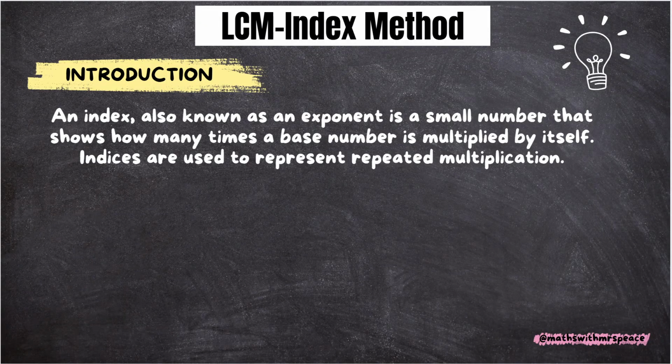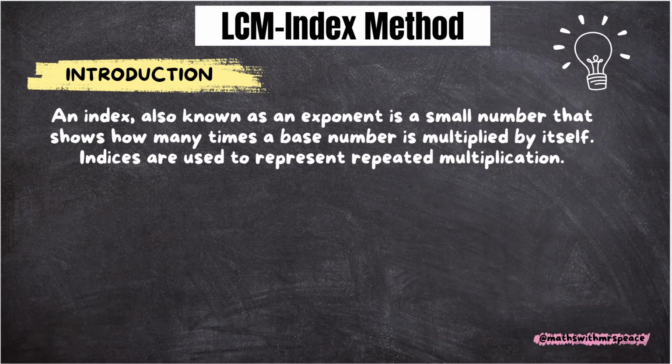An index, also known as an exponent, is a small number that shows how many times a base number is multiplied by itself. Indices are used to represent repeated multiplication.